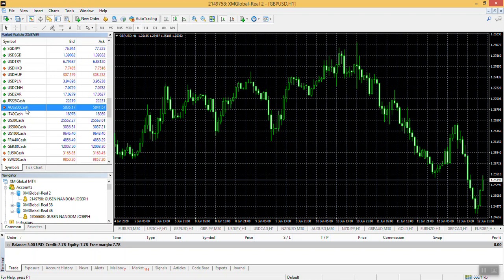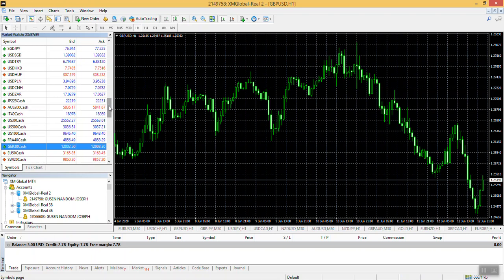This is the Australian stock, then this is Italian stock. This is US stock. This is Wall Street US, and this is another US stock. This is for France, this is for Germany, and this is for the EU. So another thing we trade in the forex market is the stock.